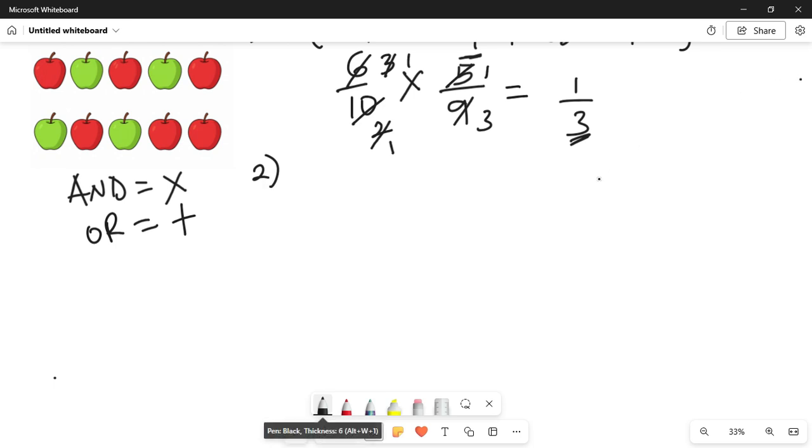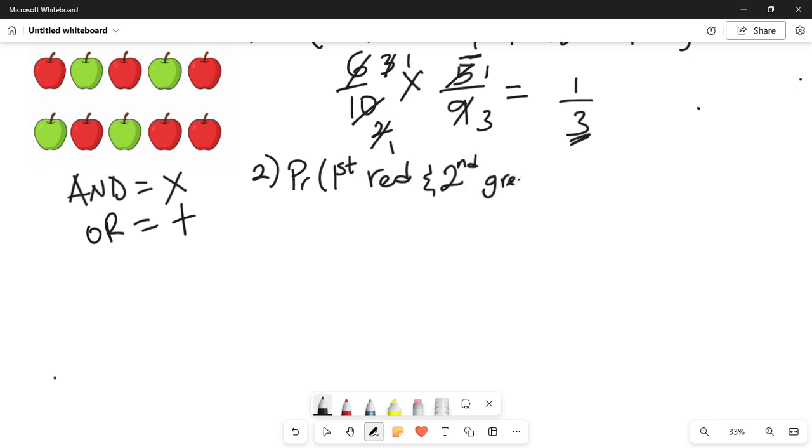The second question says, what is the probability that one apple is red and the other is green? So that is the probability that we have one red and one green. For us to get that, it means the probability that the first pick is going to be red and the second is green, or first is green and the second is red.